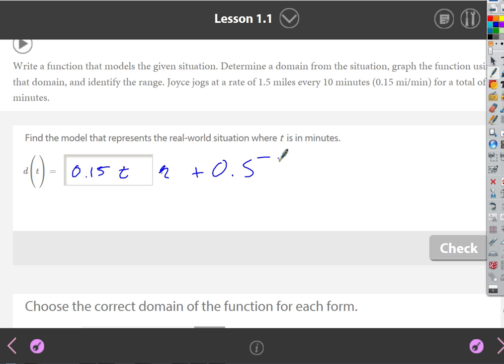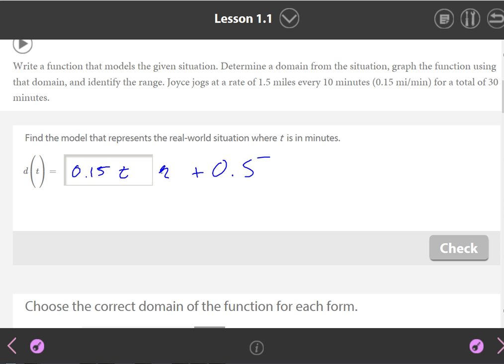What does this tell you about the independent variable, normally the x variable, we call t this time. What's our input variable? Okay, the time in minutes that she's been running, right? That's what x, or in this case t, corresponds to, is the time she's been running. So what do you think? What's our domain?